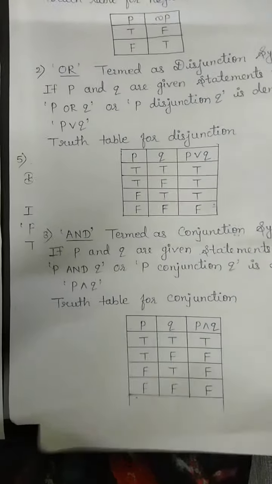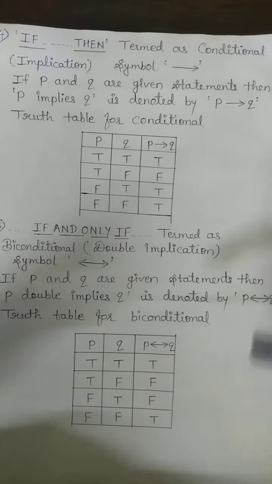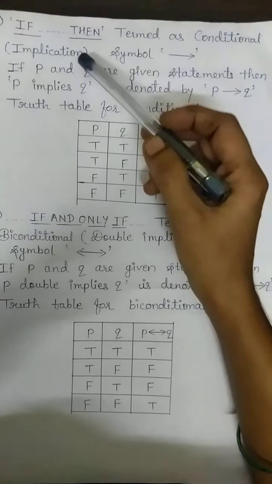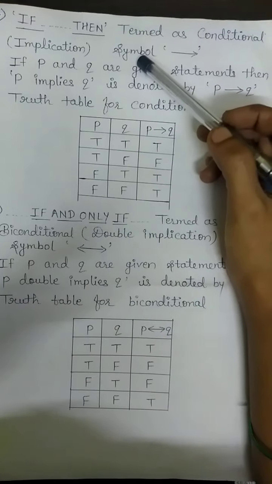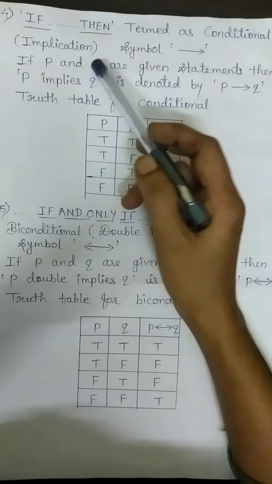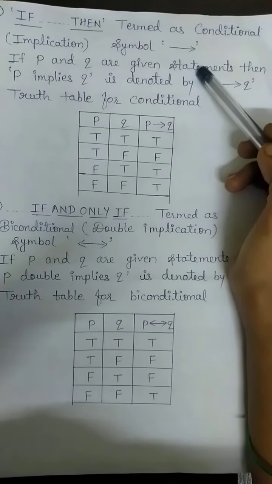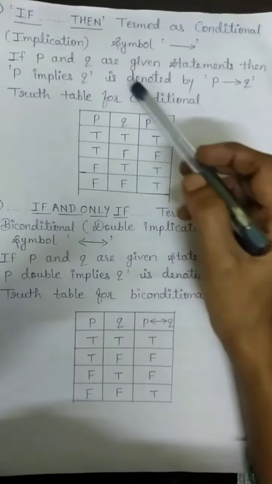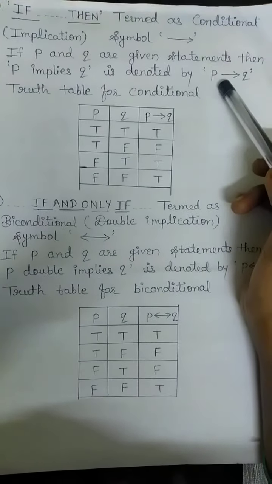Now next logical connective is if then. It is also termed as conditional or implication. Symbol is this. If P and Q are given statements, then P implies Q is denoted by this symbol.